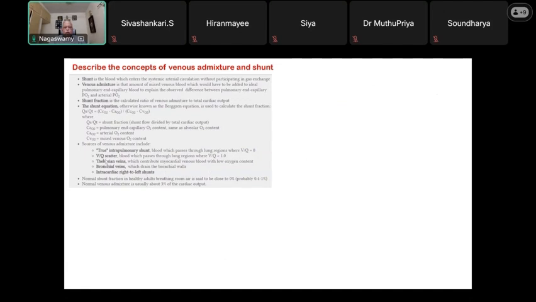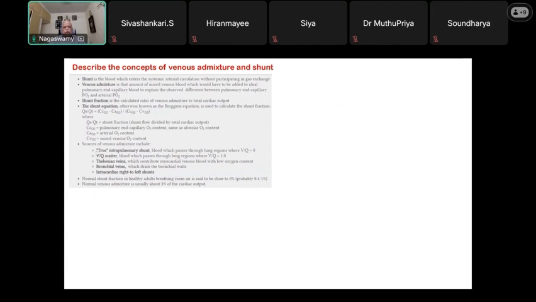So the sources of true shunt are Thebesian veins, bronchial veins, and intracardiac right to left shunts. For example, in tetralogy of Fallot, where there is a severe pulmonary obstruction and there is a VSD, overriding of aorta, then the right ventricular blood, without going to the pulmonary circulation, mixes with the left ventricular blood. So that is called the right to left shunt, which are all true shunts.